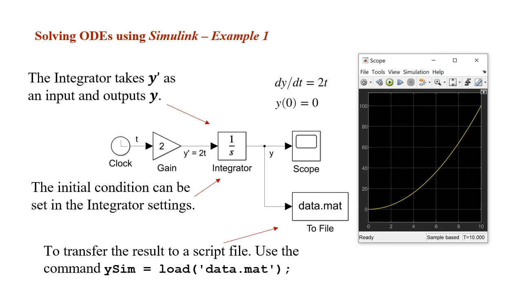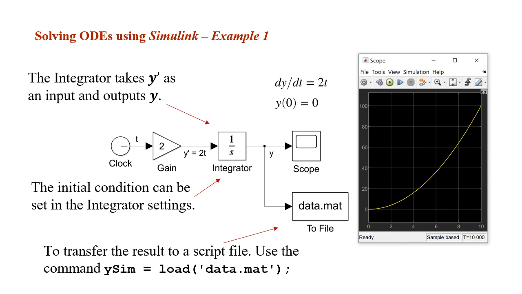And finally, like I mentioned, to transfer the result of any signal into a script file, you need to first store it in a data file or in a .mat file by placing a To File block and then running the simulation. To read the data within a script file, you can simply use the command load, and then in between quotation marks you need to place the .mat file name.